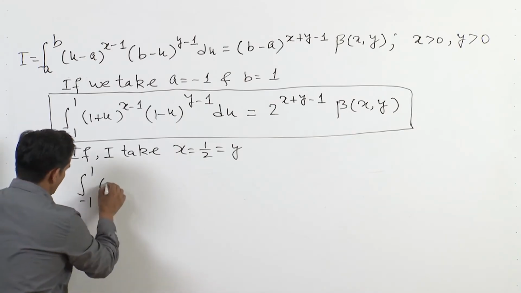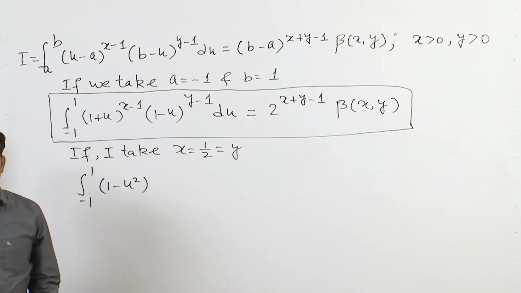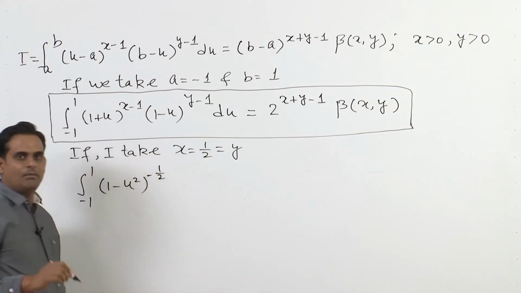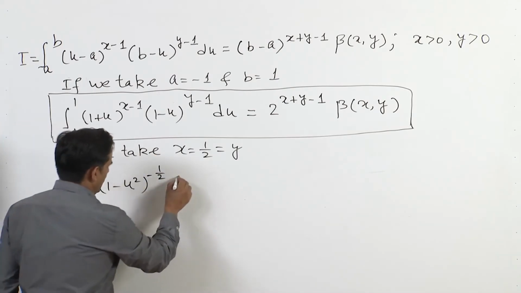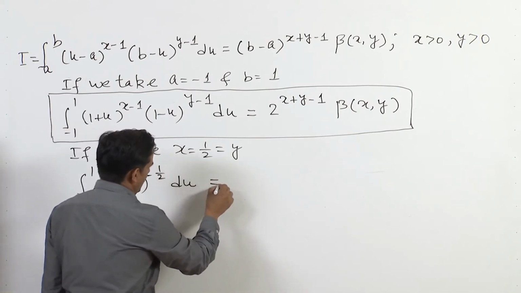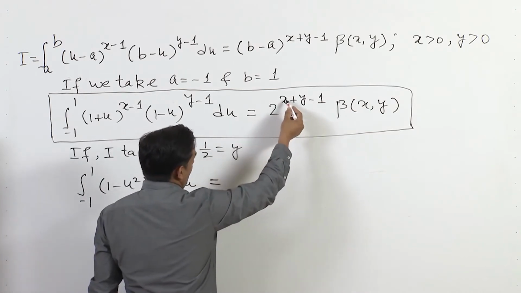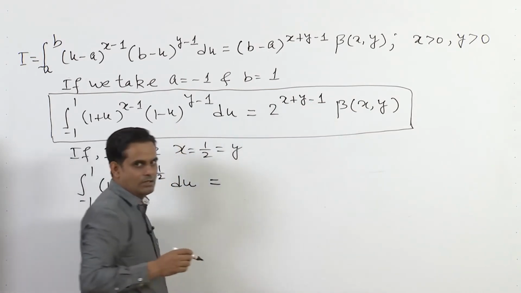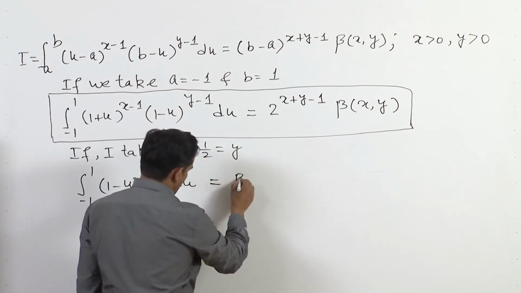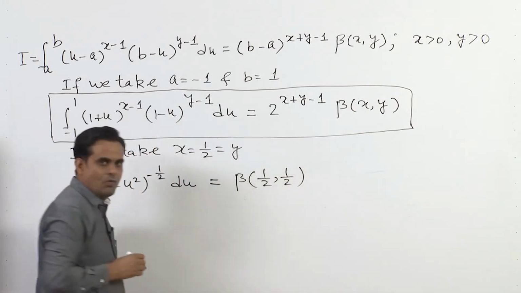So 1 plus u into 1 minus u will become 1 minus u square, raised to power minus half, du. On the right hand side it will become 2 raised to power half plus half minus 1, so 2 raised to power 0 in total, so 1 into beta x y, which will be beta of 1 by 2, 1 by 2.